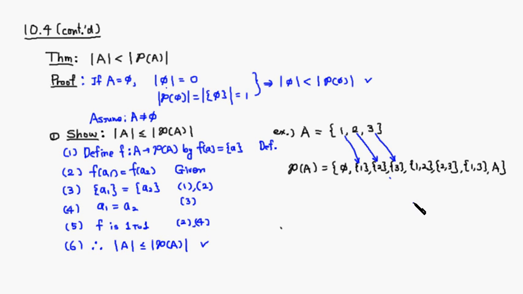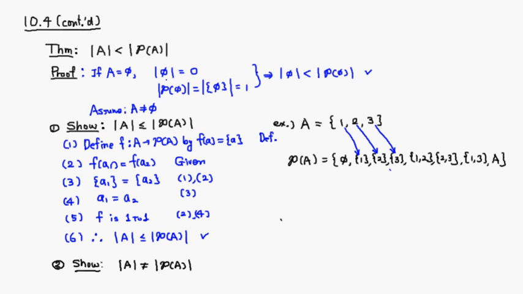The next step: we want a strict inequality, so we have to show that there is no equality. So part 2: we need to show that the cardinality of A is not equal to the cardinality of the power set of A. Right, so let's do that.